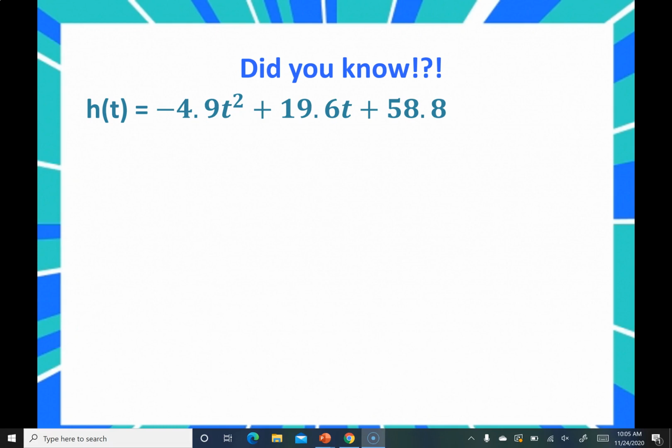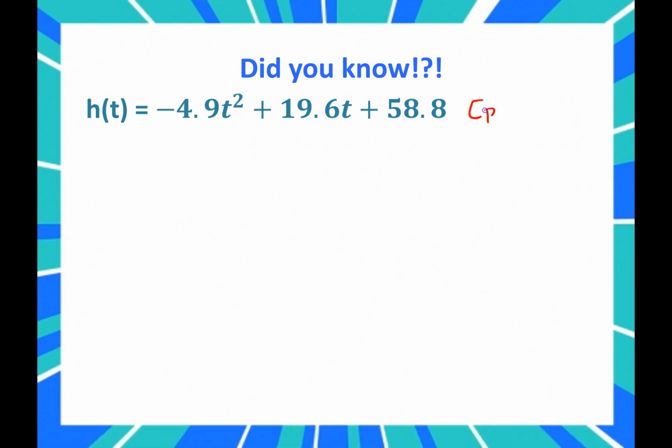All right, did you know this h of t right here represents the height of a ball being tossed? We can call this the position function. Did you know that if I take the derivative of the position function, I actually get the velocity function?